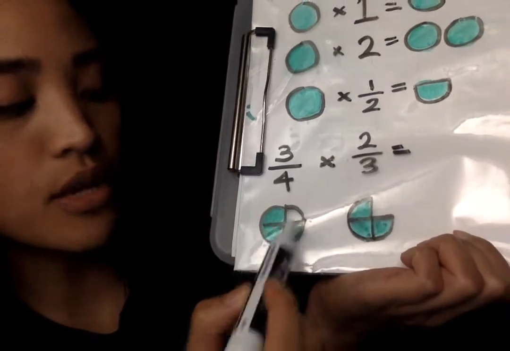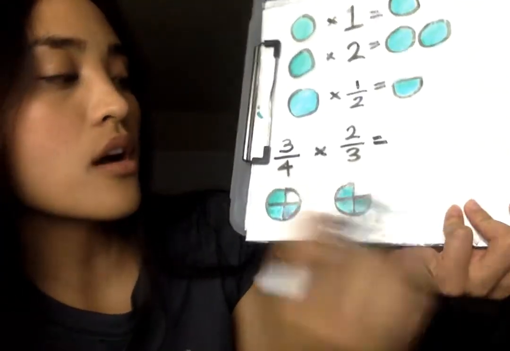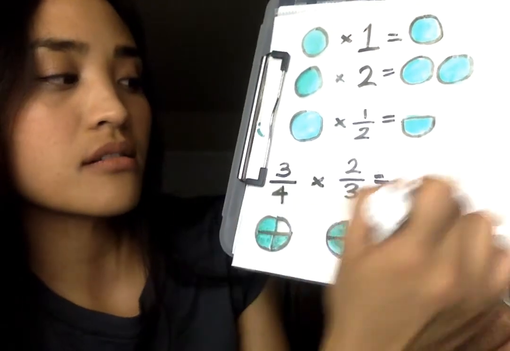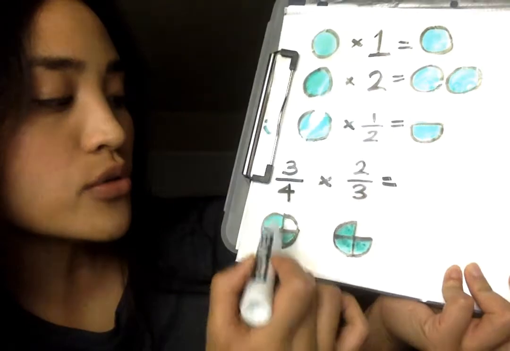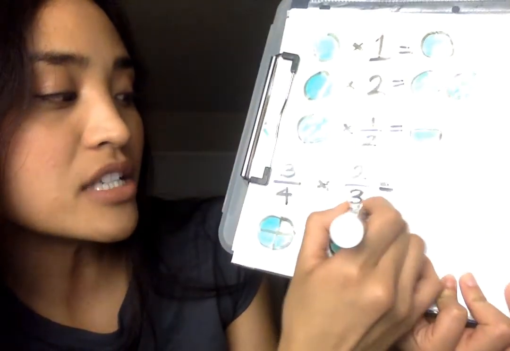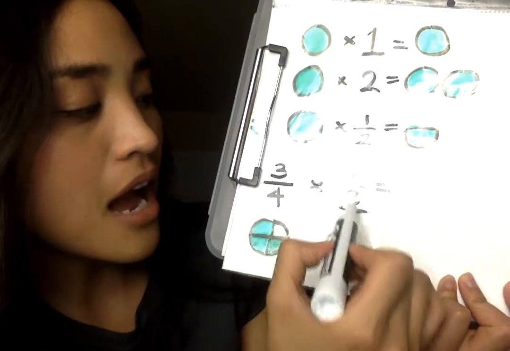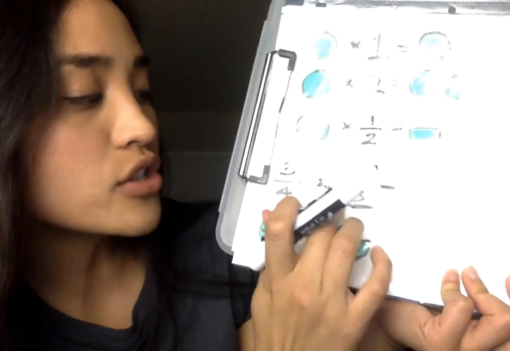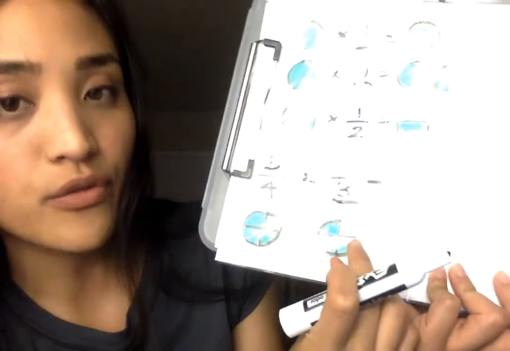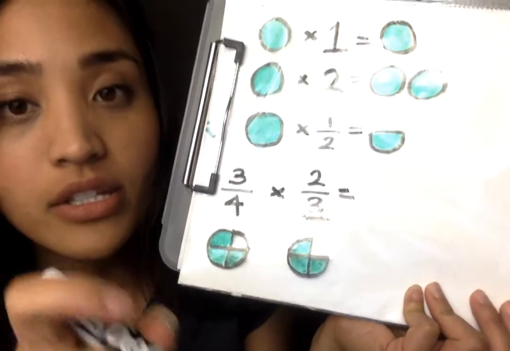I've colored in 3 out of the 4 slices of this pie. And now what this equation is saying is I want you to turn those 3/4 into different sized pieces. Instead of fourths, because these are 1, 2, 3, 4, I want you to turn that group of 3/4, transfer it over, and now turn them into thirds.